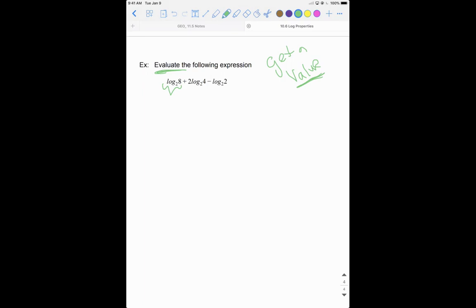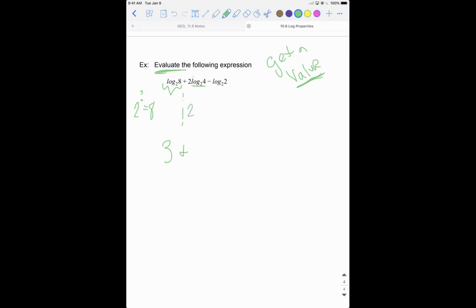So let's first look at this piece. Log base 2 of 8. That asks us, 2 to the what power gets us 8? That gets you 3. So let's put that down here, 3. Let's bring down our plus. Here we have 2 times, so let's just look at this piece of the log portion.